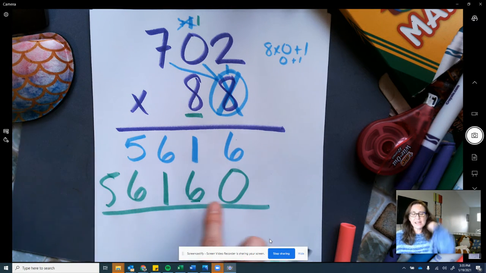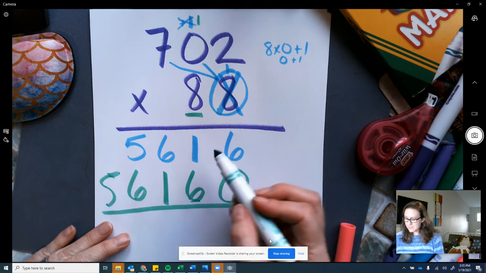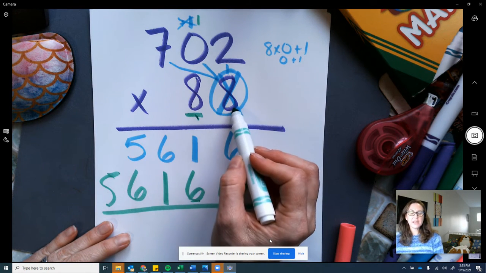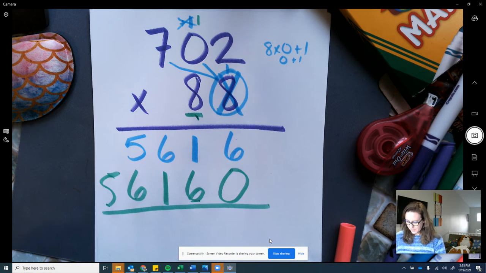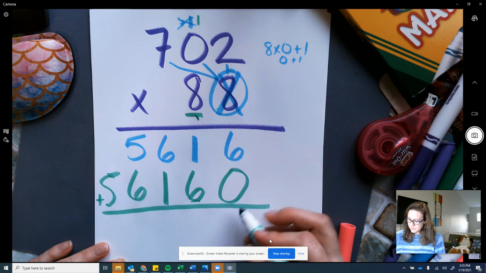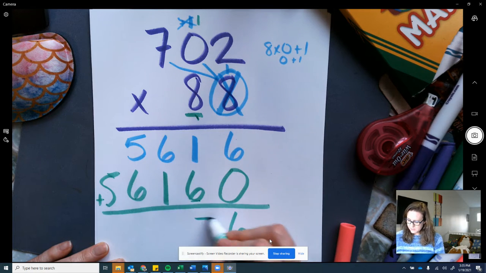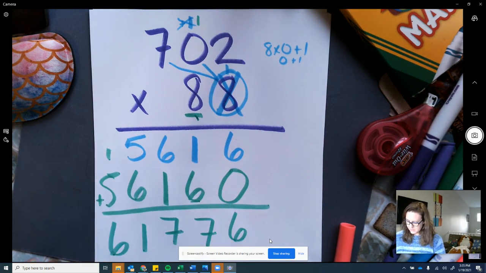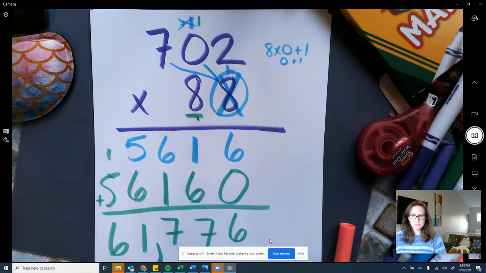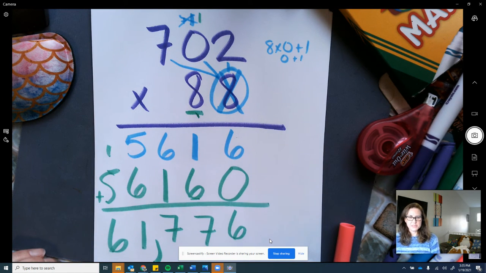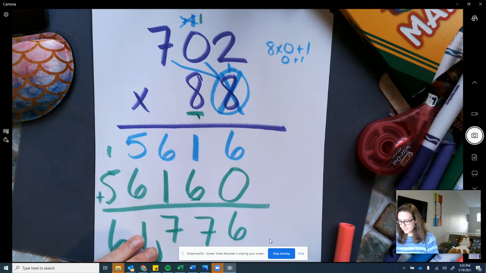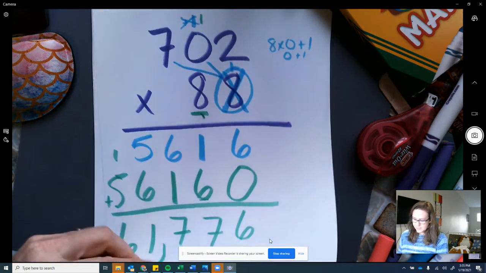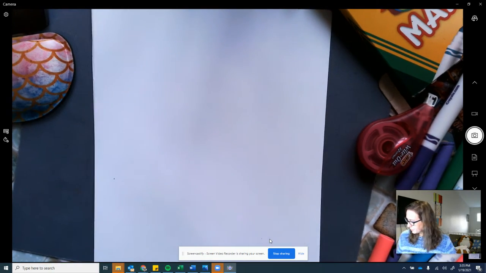It's the same thing, but we had to shift it over a place value because this was actually 80 and not just plain 8. So I'm going to add those together. 6 plus 0 is 6, 7, 7, 11, and 6. Put a comma in, and our answer becomes 61,776.